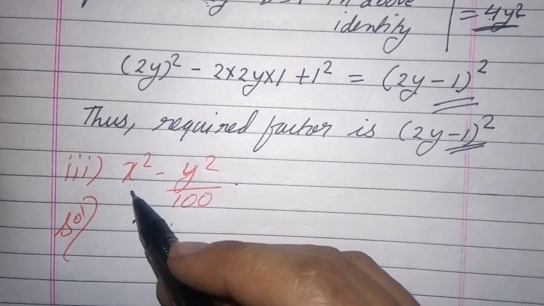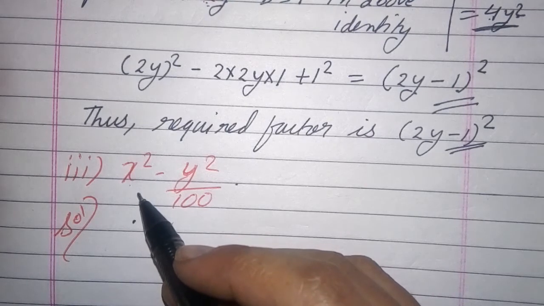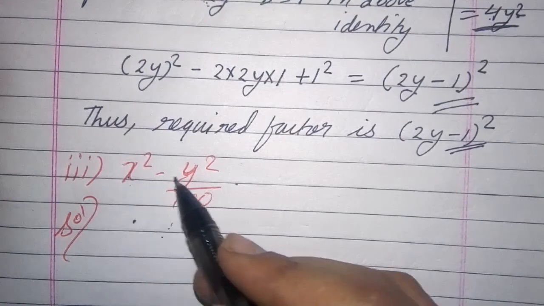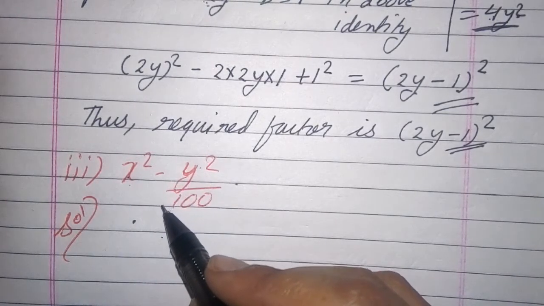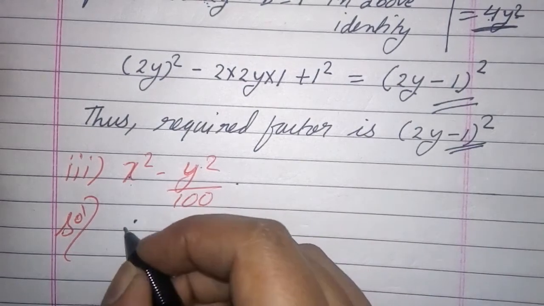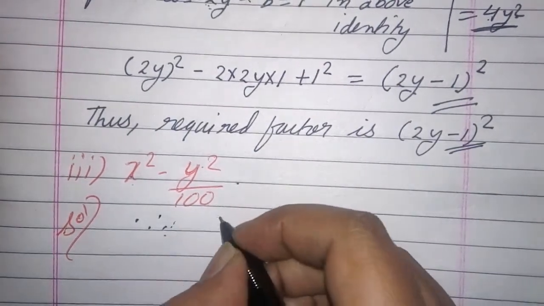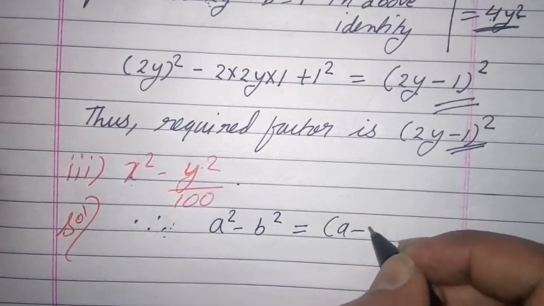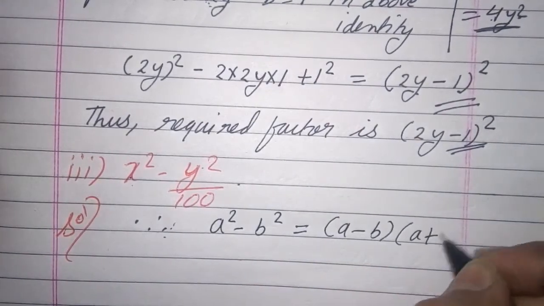That is identity number 3, which is x square minus y square equals (x plus y)(x minus y). We'll take it in the form of a and b. So a square minus b square is (a minus b)(a plus b).